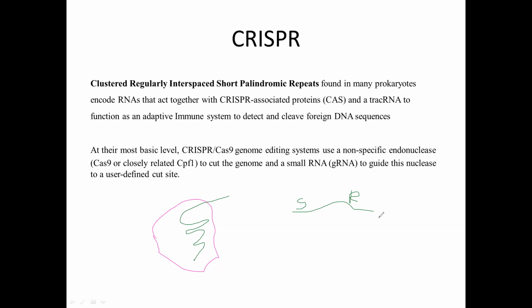The remaining RNA molecule, the tracrRNA, will have complementarity with the repeat region, and it will have some stem loop structures. So the repeat sequence of your CRISPR RNA has complementarity with the tracrRNA, trans-activating CRISPR RNA.